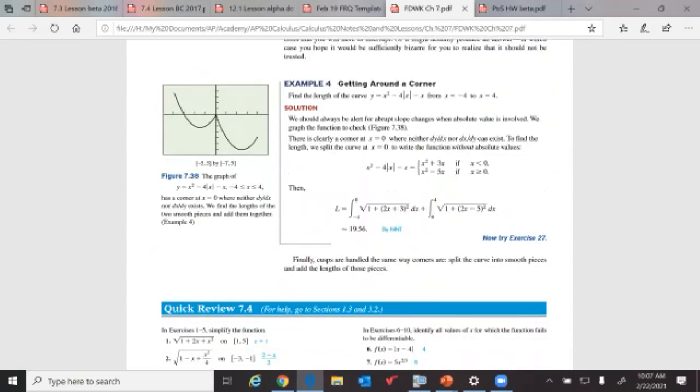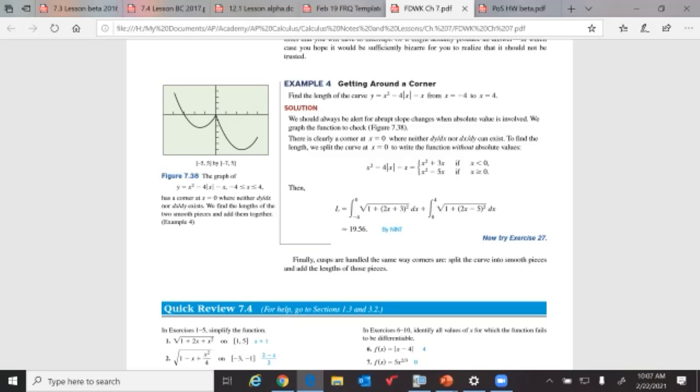And you have a cusp there, when x equals 0. So you can't anti-differentiate this thing from -4 to 4. You have to break it down into 2 parts. If the thing's not differentiable over the domain, you have to break it down to when it is.